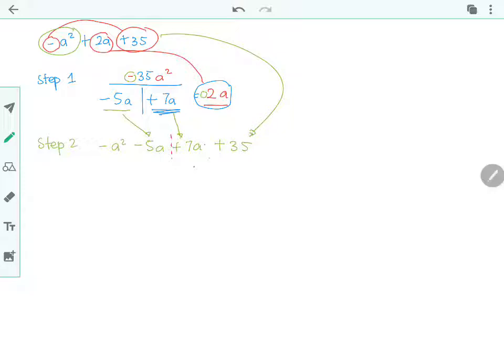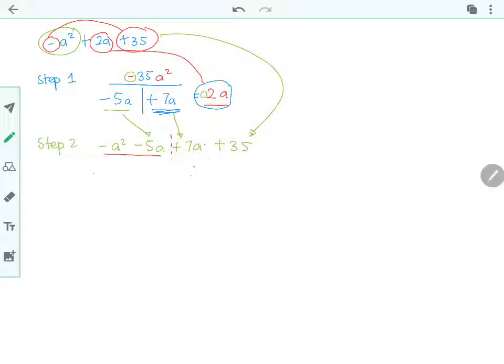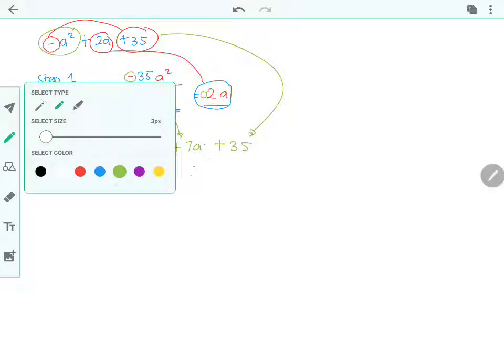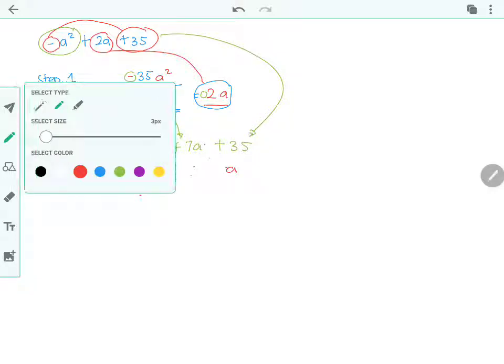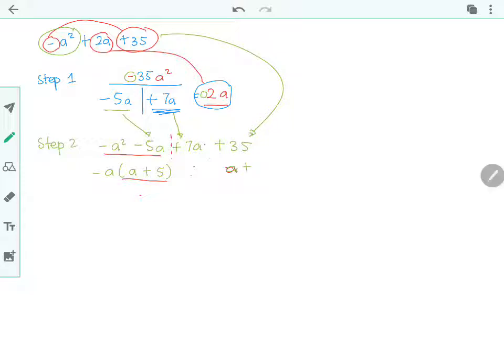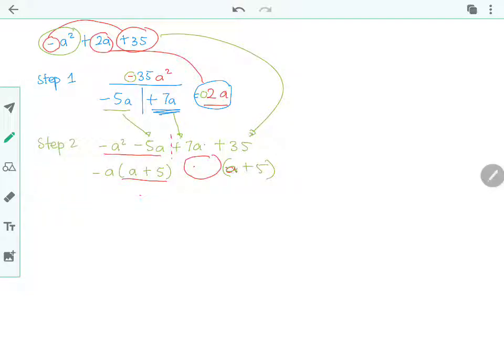Now negative a squared, negative 5a, if you factorize both of them, then you will get negative a multiplied by a plus 5. Now I need to rewrite this a plus 5 to the other side. So a plus 5. What I need to do now is find the number here. So 7a plus 35 equals to a plus 5.